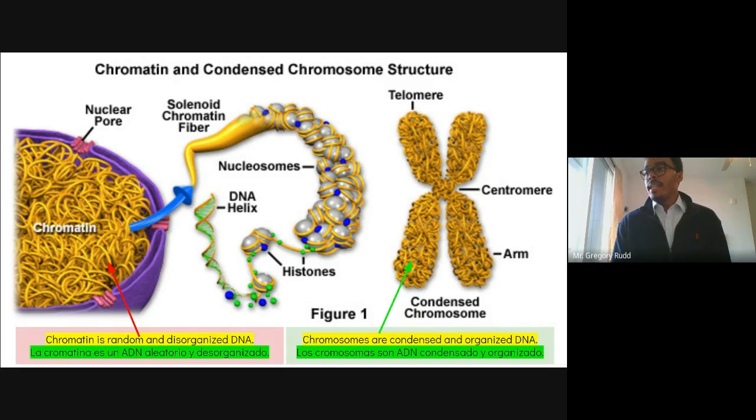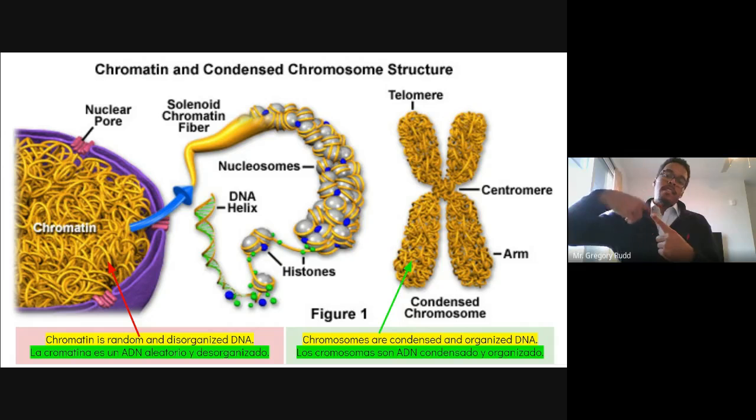On the other hand, chromosomes are condensed and organized DNA. So if I had a shoelace and I just wrapped it around my index finger hundreds of thousands of times, really, really tightly, I'd cut off the circulation in my finger and it'd be really painful. But it would be similar to how a chromosome is organized. We've got long strands of DNA that get wrapped tightly around what are called histones.